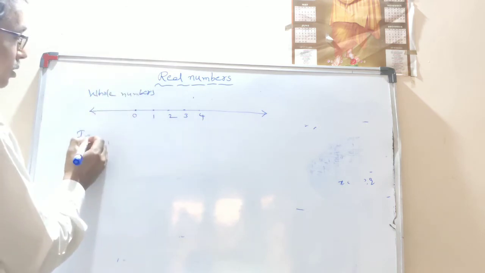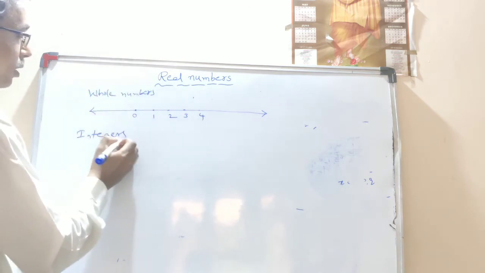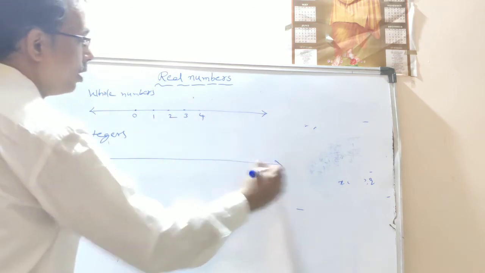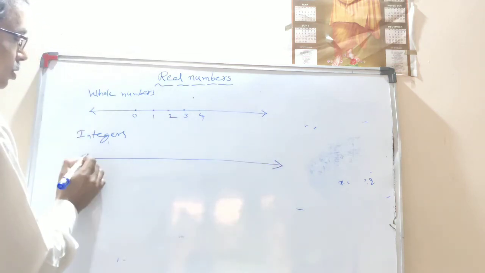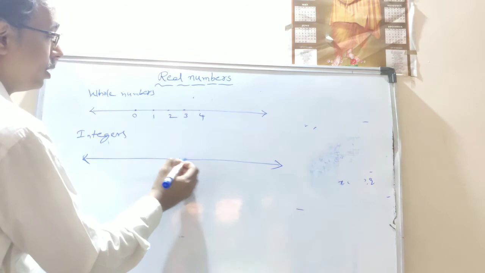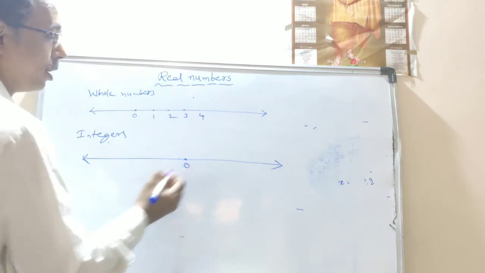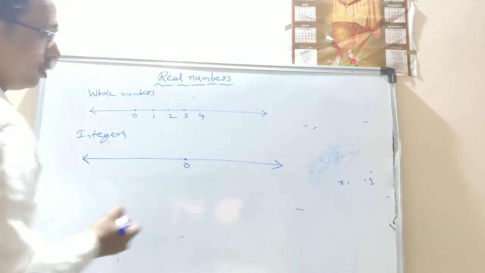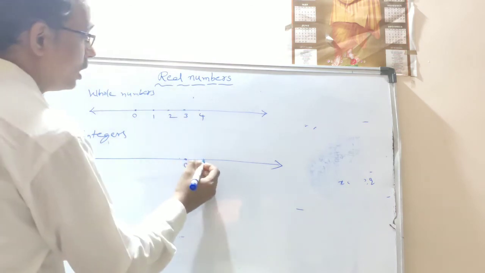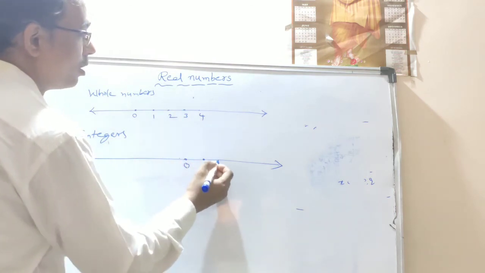Whereas integers can be represented on a number line like this. First draw a line and mark a point 0 and take equal distances.